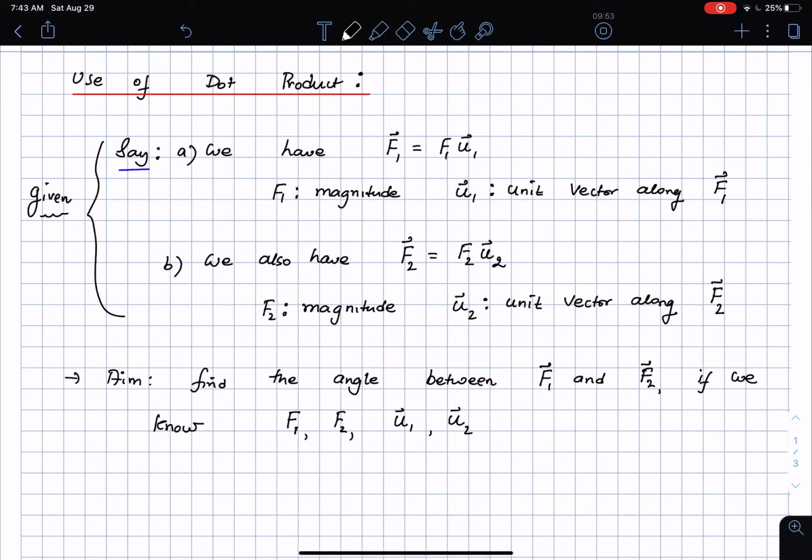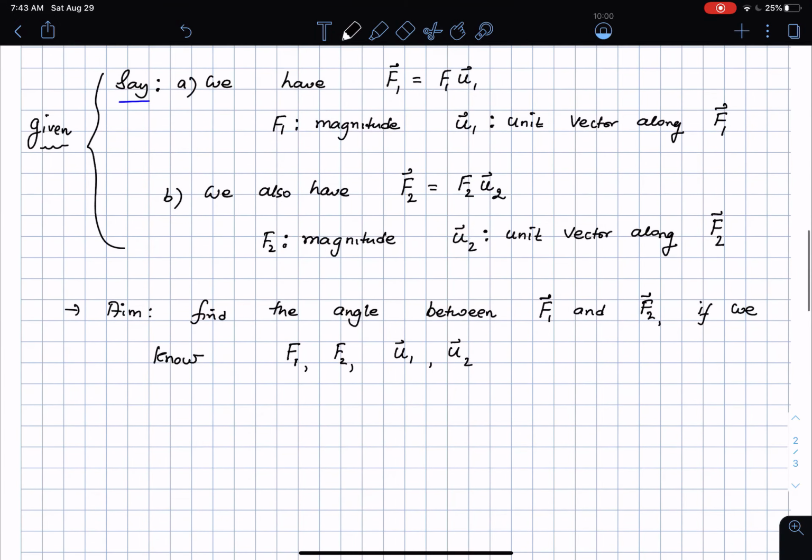Okay, so knowing these unit vectors and knowing the magnitudes of these forces, how do we find the angle between the two vectors? So this is the aim.